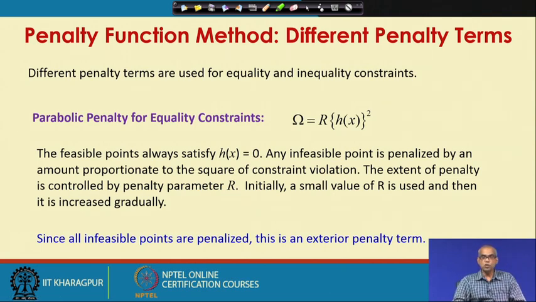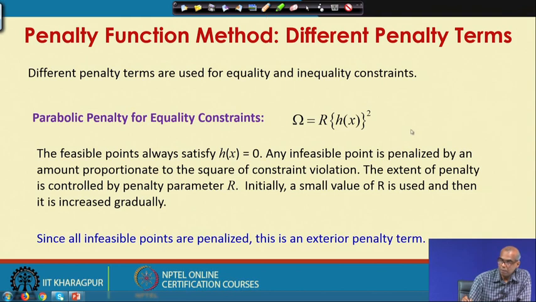Now, let us talk about different types of penalty terms. Different penalty terms are used for equality and inequality constraints. For equality constraints, the penalty term that we use is known as parabolic penalty.